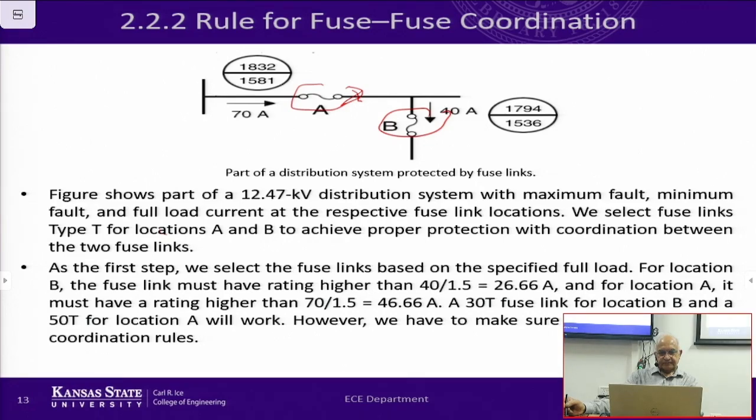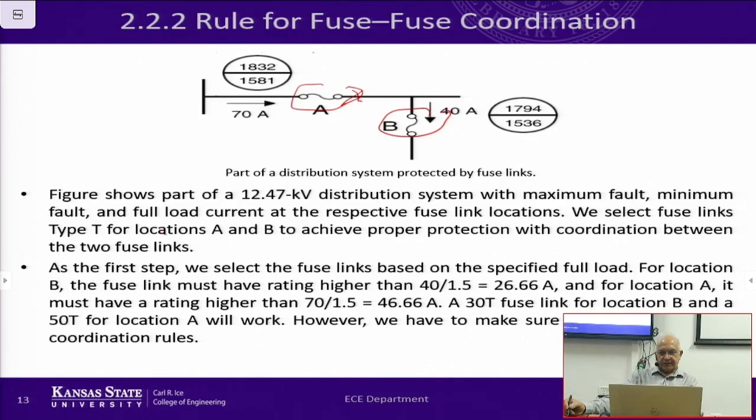And we similarly divide 70 by 1.5, so it gives you 46.66. And that basically gives us a fuse of 30T for location B, and it gives us a fuse of 50T for location A. Okay.